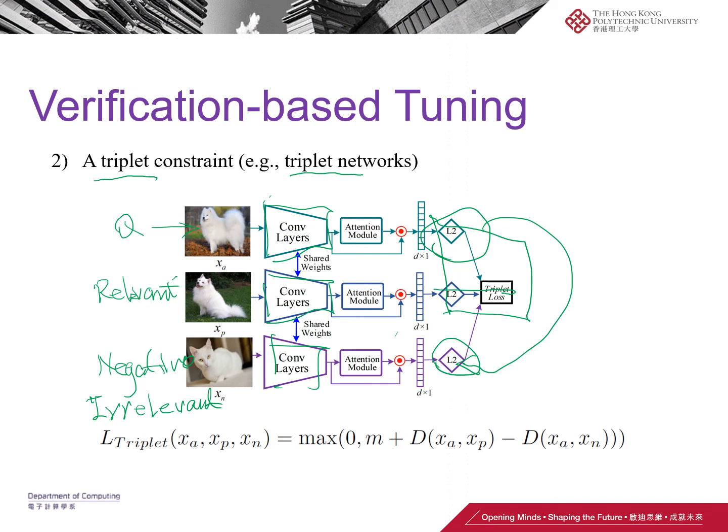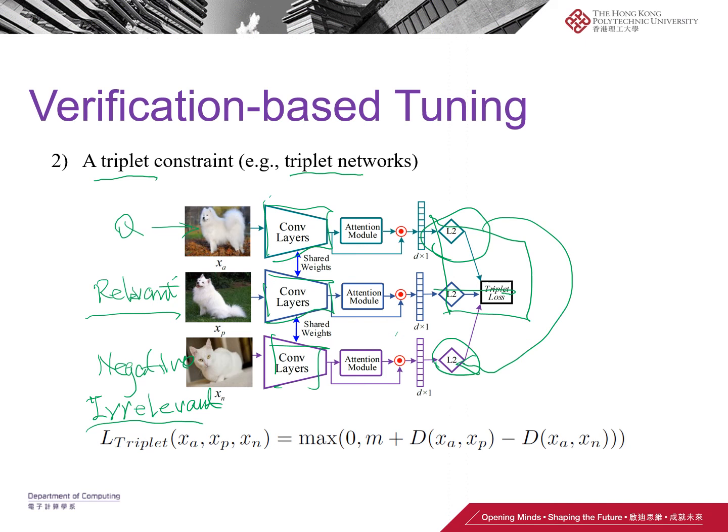But in Triplet, it can be done once, and also at the same time, you are actually referring to both relevant and irrelevant samples. So hopefully it will be better for you to train that neural network, and better for the network's learning process to converge.